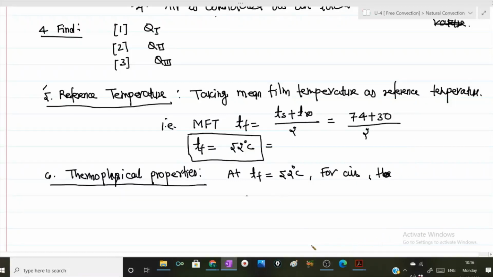For that, I have to refer to the heat transfer data book by C.P. Kothandaraman.